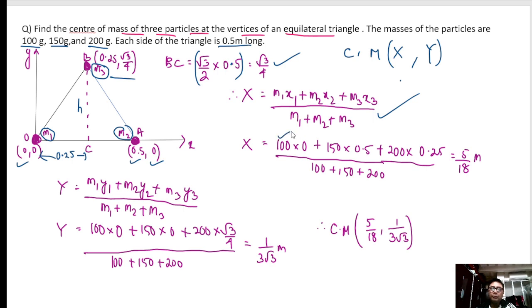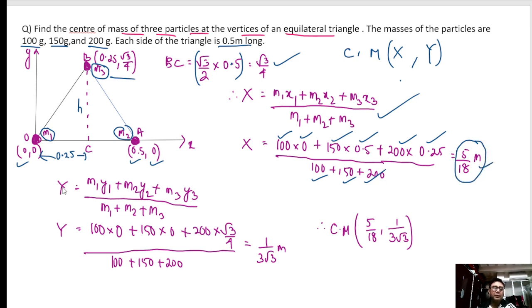So this is m1 and x1 is 0, m2 and x2 is 0.5, m3 and x3 is 0.25, by m1 plus m2 plus m3, which is coming 5 by 18 meters.